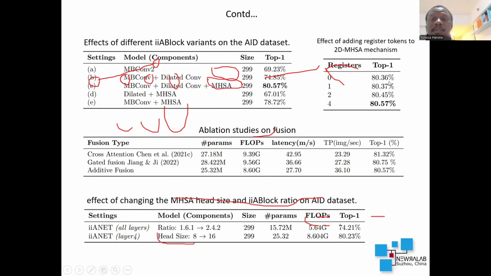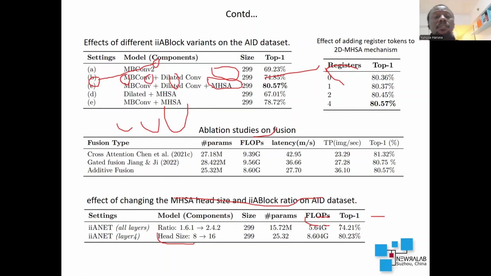We also did an ablation on the effect of adding registers. As we continue to add registers, we continue to have an increase in top-1, but the increase is very, very small, so it didn't really change much. We also did ablation studies on the fusion.